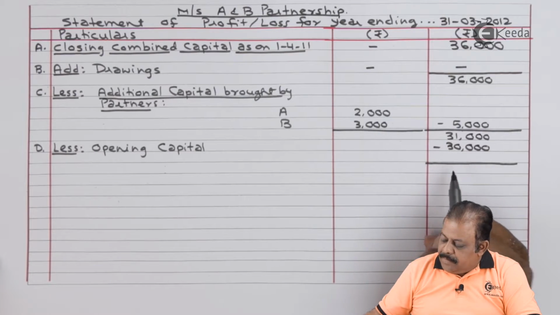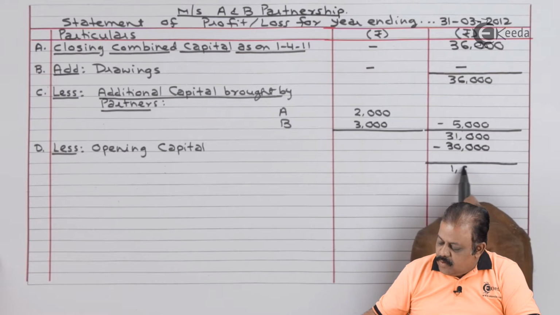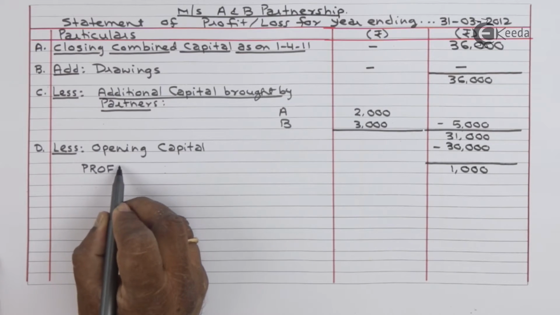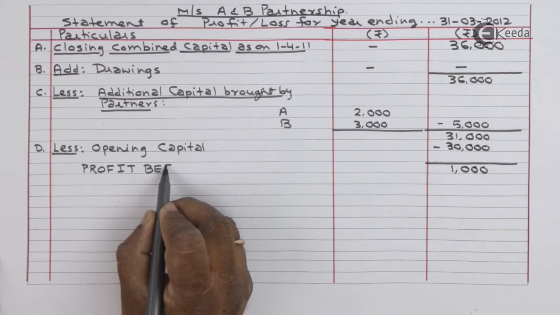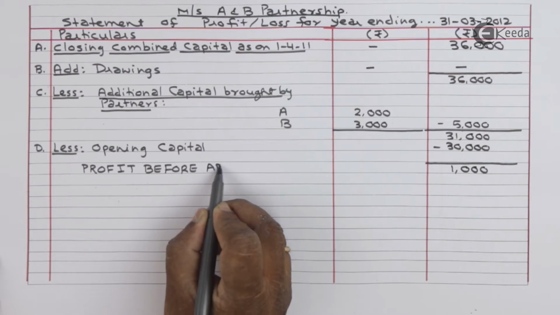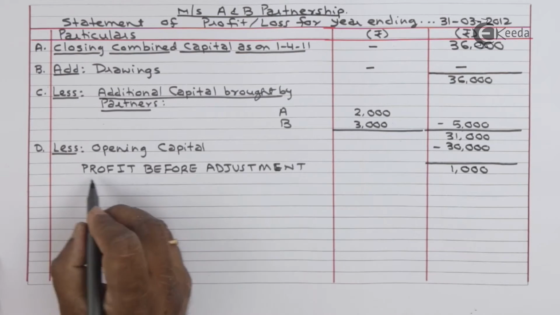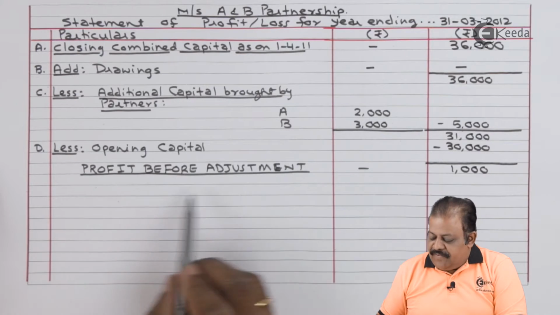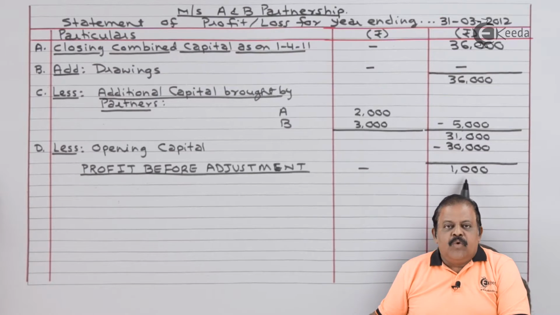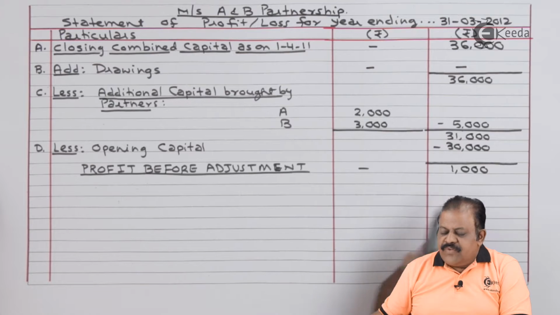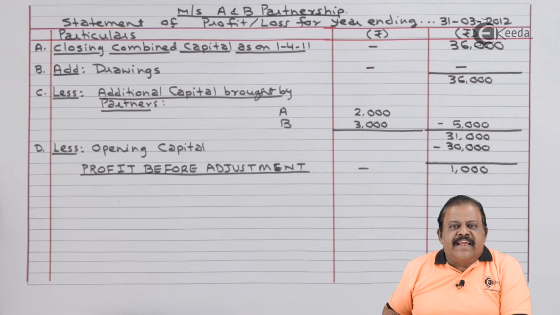After deducting opening capital, balance we get 1,000. Profit before adjustment rupees 1,000. To this, we are required to add incomes and gains.